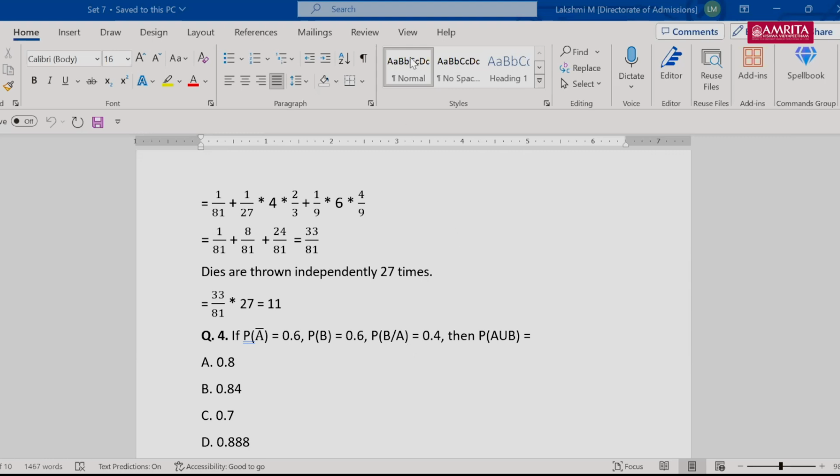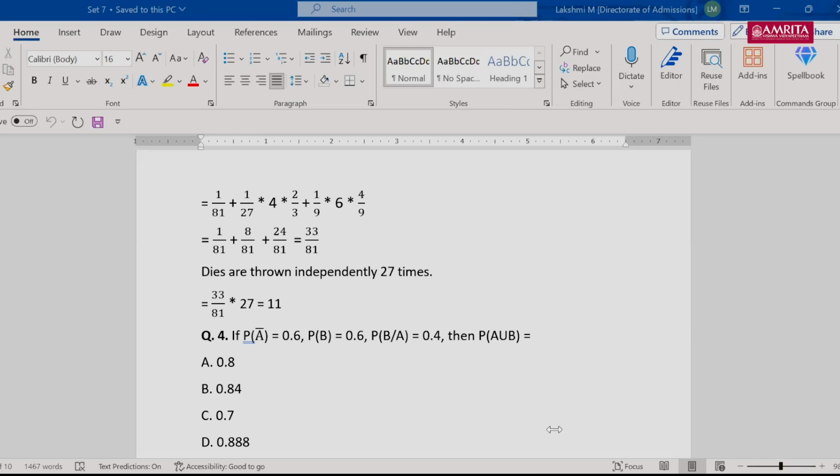Yes, I think you've started doing it. I got option B, option A. Okay. Is it 0.8, 0.84 or 0.888? Because options are like that. You're giving me answers like that: 0.8, 0.84, 0.888.